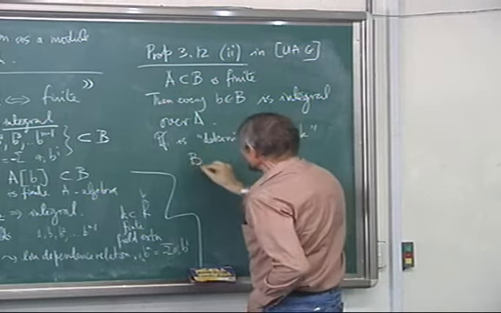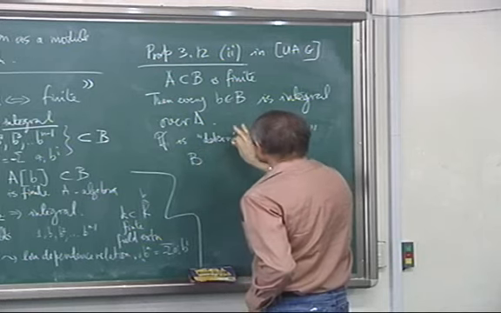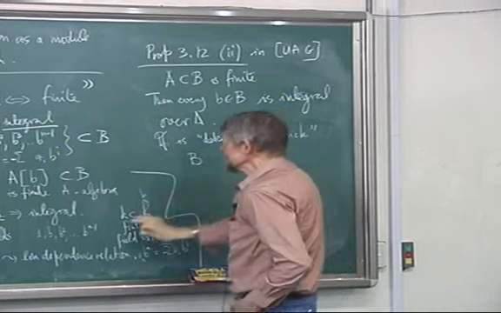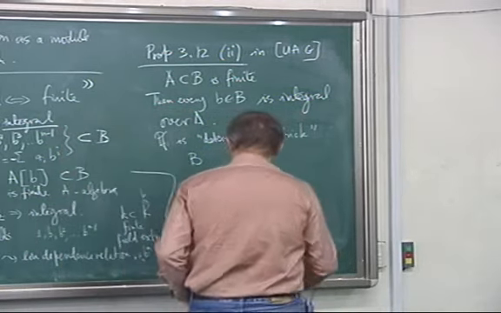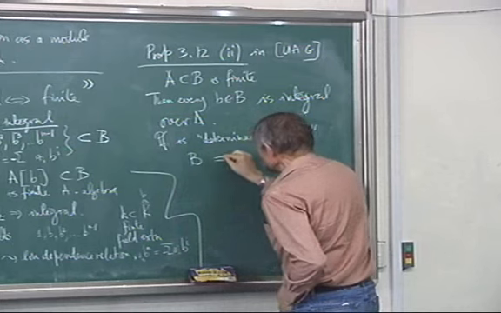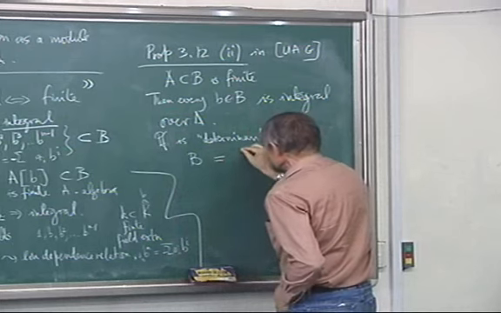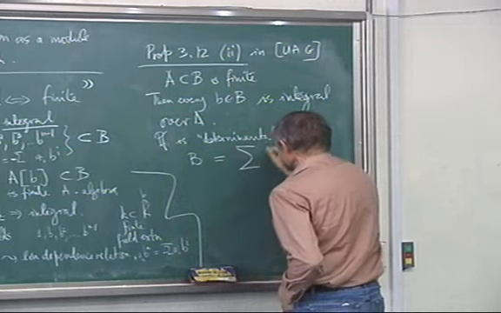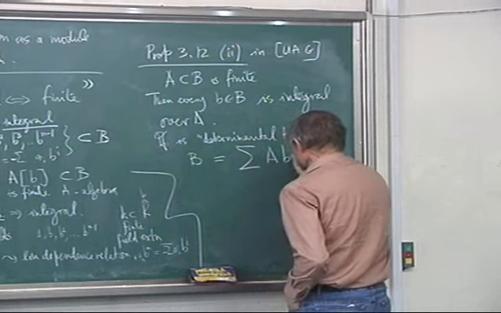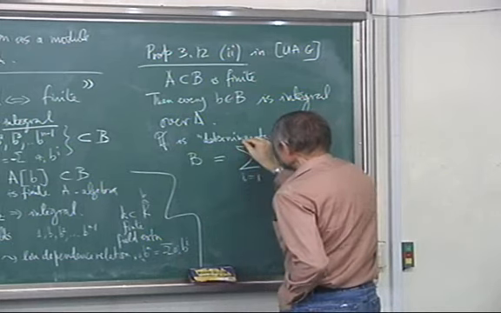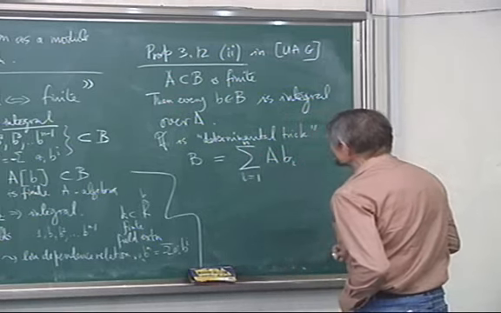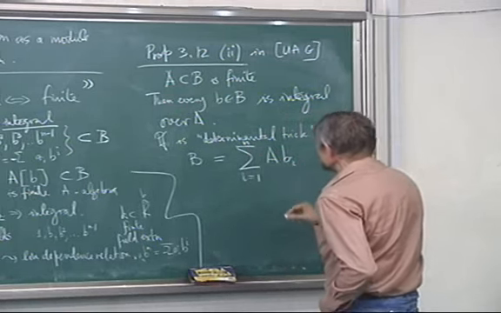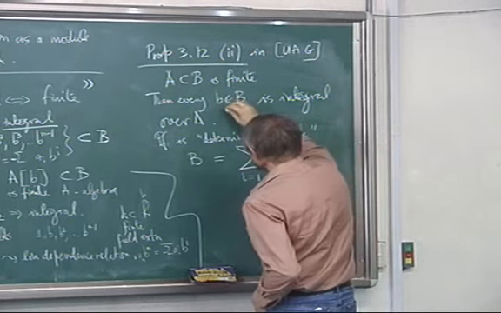Okay, so let me take B to be the sum of A b_i, i equals 1 up to n. And I don't want to use the same letter.